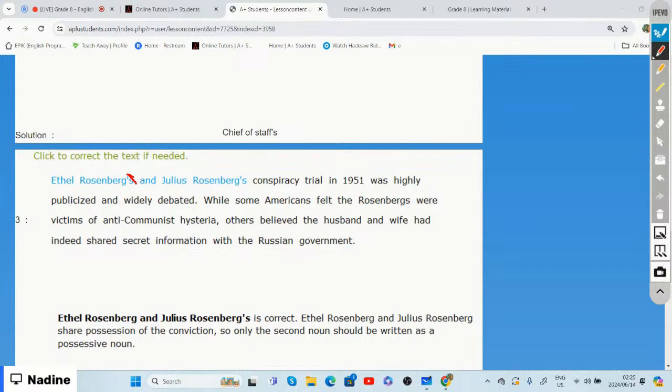So it says Ethel Rosenberg and Julius Rosenberg's conspiracy trial, because both of their trials in 1951 was highly publicized and widely debated, while some Americans felt the Rosenbergs were victims of anti-communist hysteria. Others believed the husband and wife had indeed shared secret information with the Russian government.